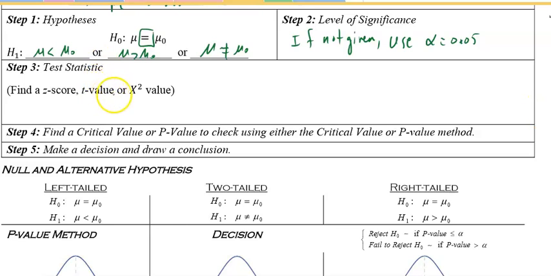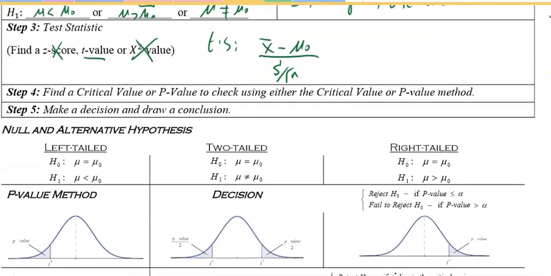Test statistic: chi-squared is coming up in later chapters. We use a z-score if the population standard deviation is given. It's not in this case, so we're going to use a t-score. The test statistic is the sample mean minus the population mean divided by S over the square root of n.